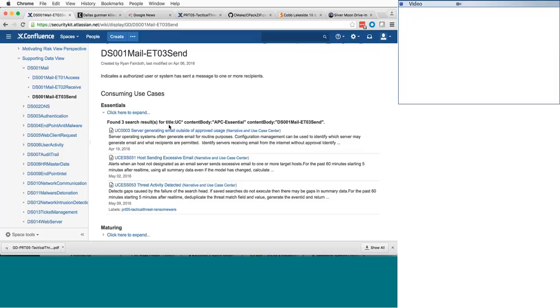And we're going to introduce that, which is essential use cases are things that we would expect that the beginner organization, those that are just entering into the security operations world or just bringing in some technology, would be able to implement successfully on this type of data with a reasonable amount of staff and system resources for their size.